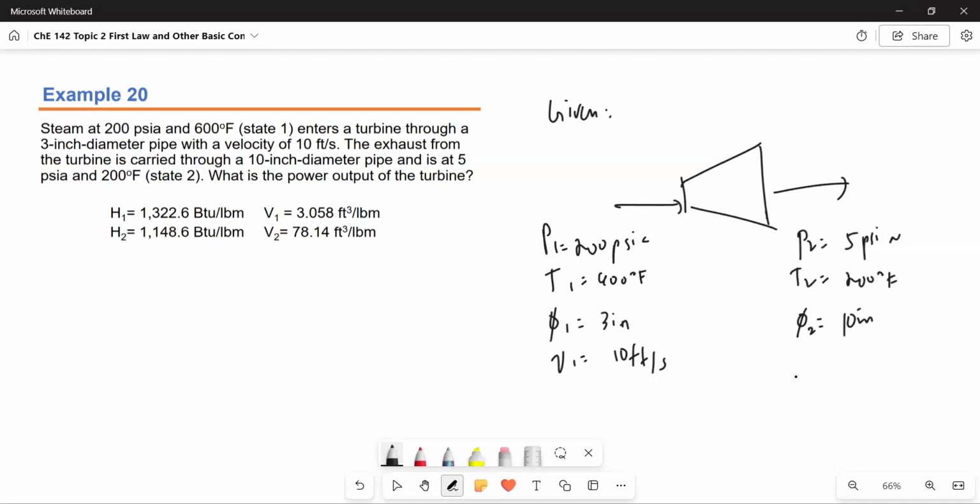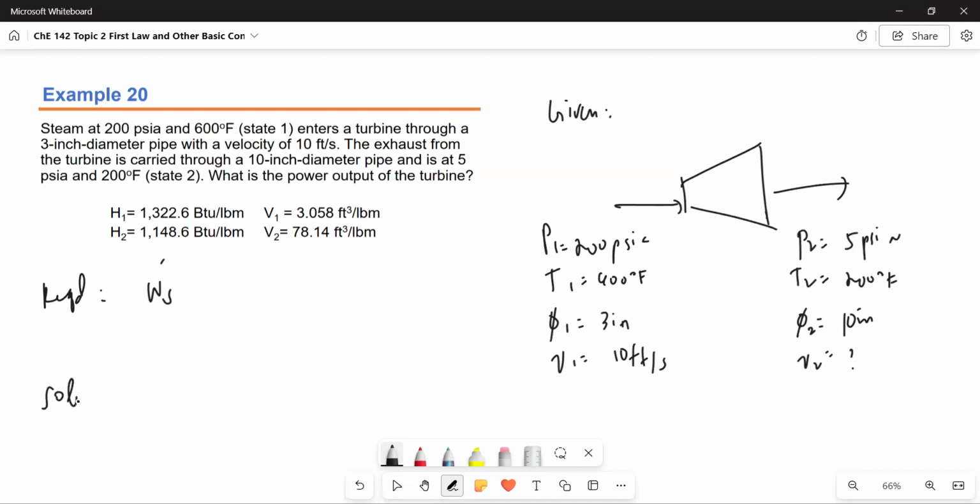And then V2 is not given. We are being asked for the work, the power output of the turbine.